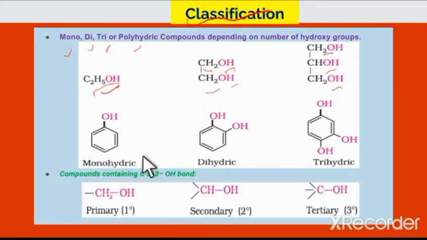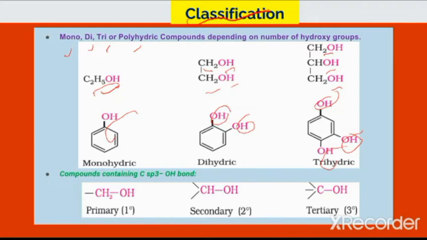In the case of an aromatic system, if the benzene has an OH group, it comes under phenolic compounds. Those also consist of one, two or three hydroxy groups, and are monohydric, dihydric and trihydric, depending upon the number of OH groups.